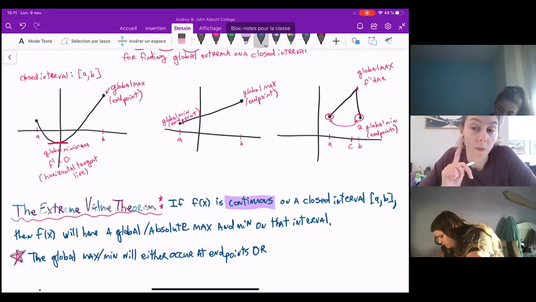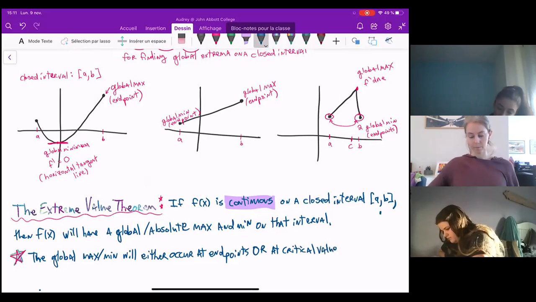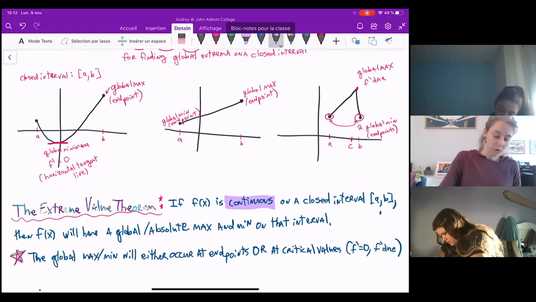And those are critical values. So, or at critical values. And that is my extreme value theorem.